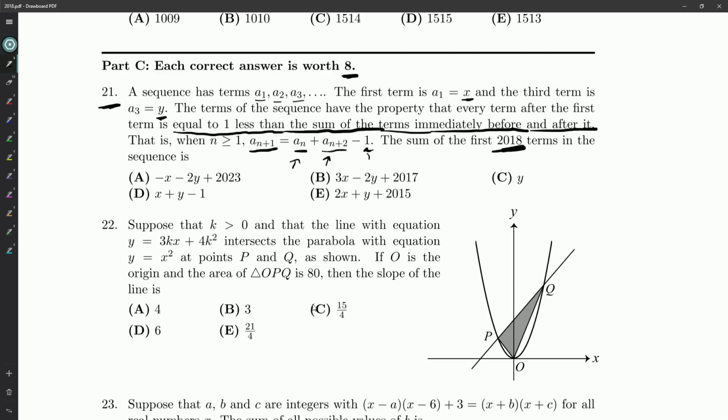Alright, so there's nothing special about 2018 here. It's just the year of the contest, and it's a big number, so it's not like we can just write a few terms out and figure it out. So we're going to have to recognize patterns. Now, the thing I'm noticing when I look at these solutions here is they've got x's, y's, and a constant. And the x's and y's aren't that big.